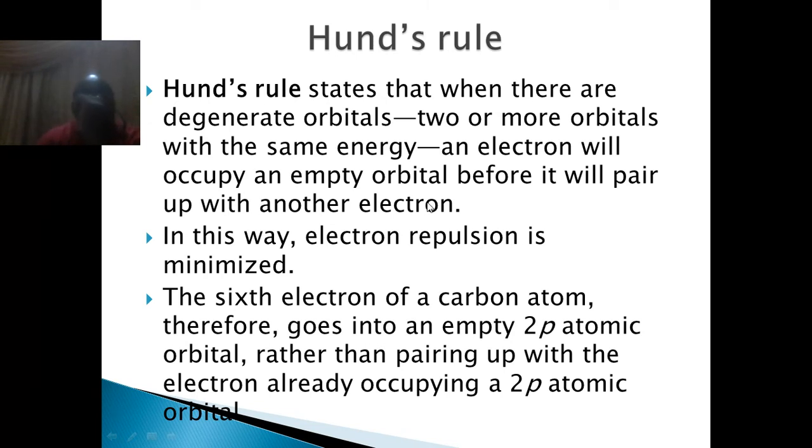But if you now have additional electrons, then they start pairing up according to the energy level of the orbital. This is so because electron repulsion is minimized. Okay, you reduce electron repulsion. The sixth electron of a carbon atom therefore goes into an empty 2p atomic orbital rather than pairing up with the electron already occupying a 2p atomic orbital.